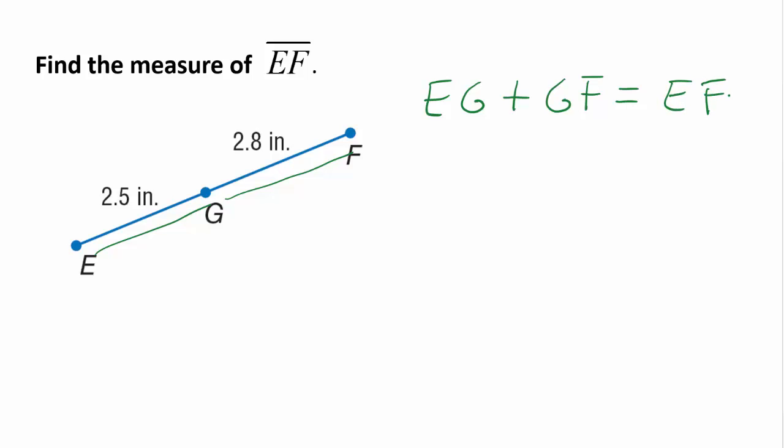We've got our two parts that make up the whole. Now, let's plug in what we know. We know EG is 2.5. We know GF is 2.8. If we add those two together, EF would be 5.3 inches.